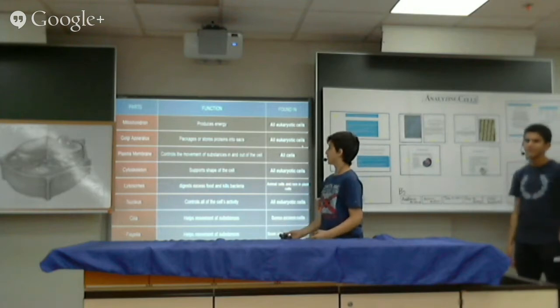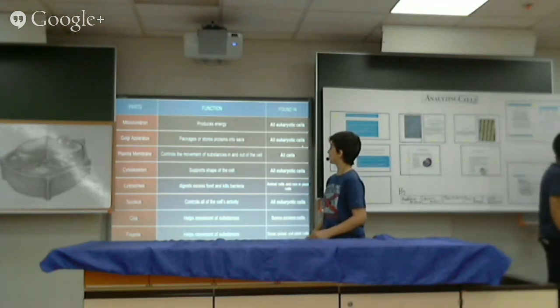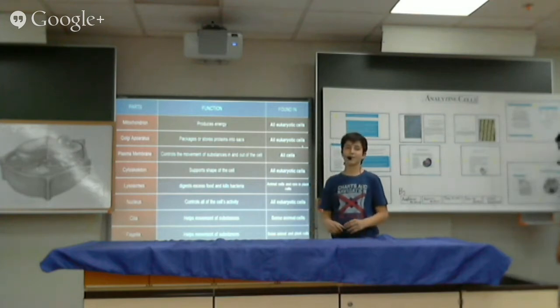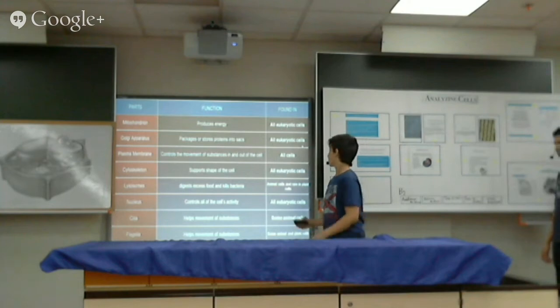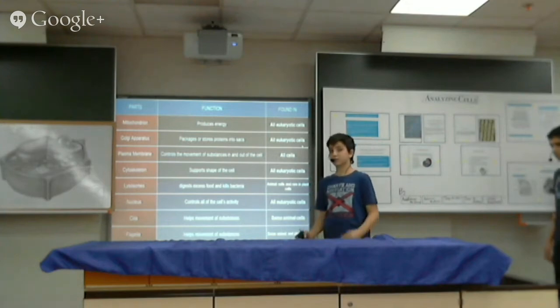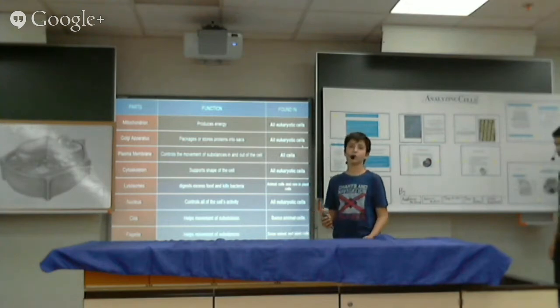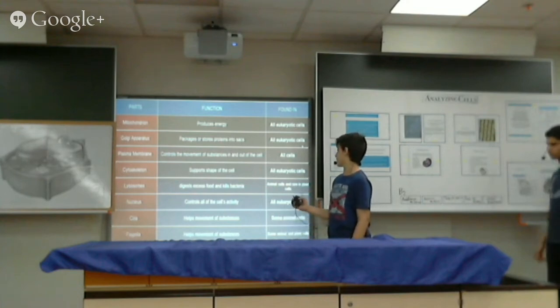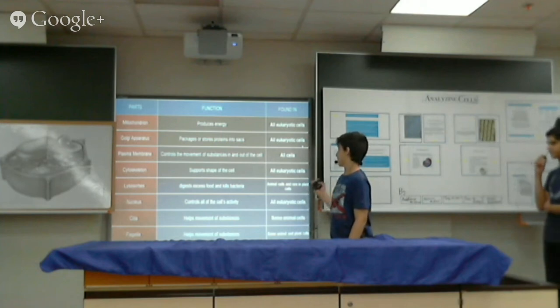The Golgi apparatus packages and stores protein into sacs to send them outside the cell or use them as energy inside the cell. It's found in all eukaryotic cells. The plasma membrane controls the movement of substances in and out of the cell, such as sugar, but not water. It's found in all cells. The cytoskeleton supports the shape of the cell. It's found in all eukaryotic cells.